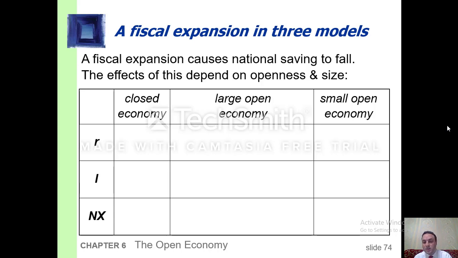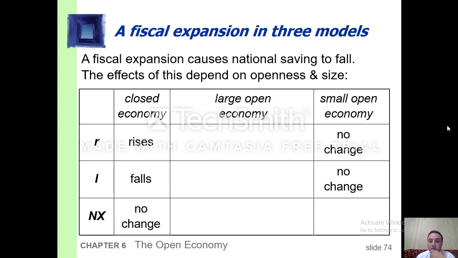So when the savings fall, we can see the interest rate in the closed economy rises, the investment falls, and the net exports do not change. In the small open economy, the interest rate doesn't change when the saving falls, and the investment doesn't change either, and the net exports fall.